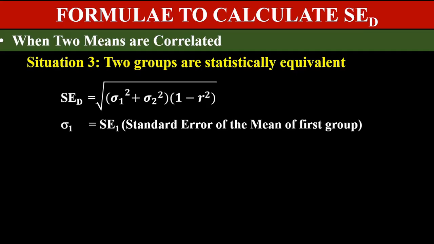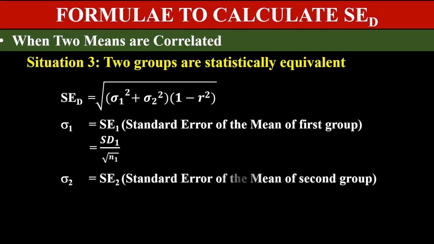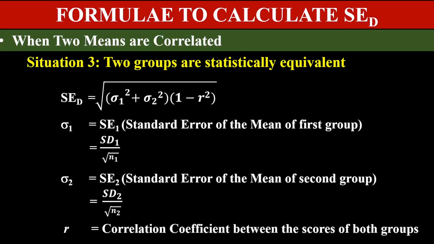Sigma 1, as we have discussed earlier, is SE1, the standard error of the mean of the first group. It is found by using this formula, as we have seen earlier: SD1 upon root N1. Sigma 2, SE2, is the standard error of the second group. It is found by using this formula: SD2 upon root N2. And r is the correlation coefficient between the scores of both groups.